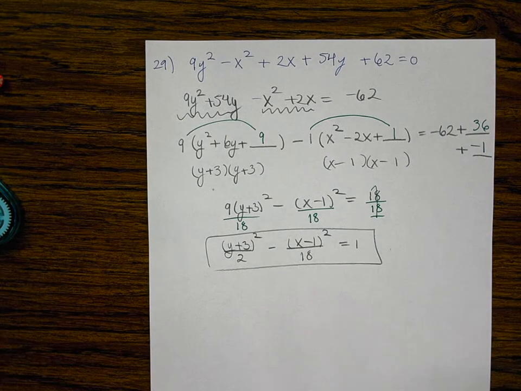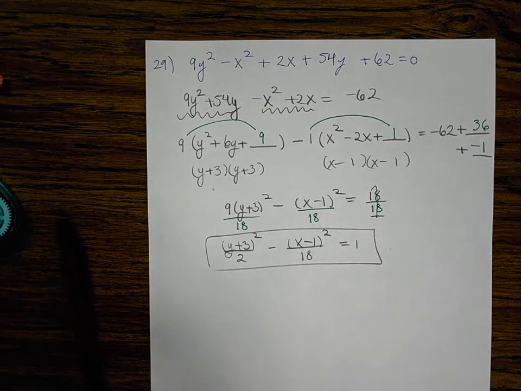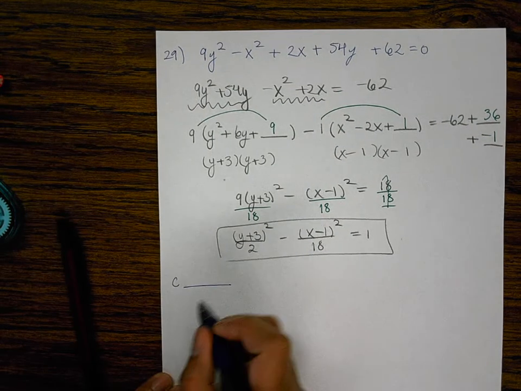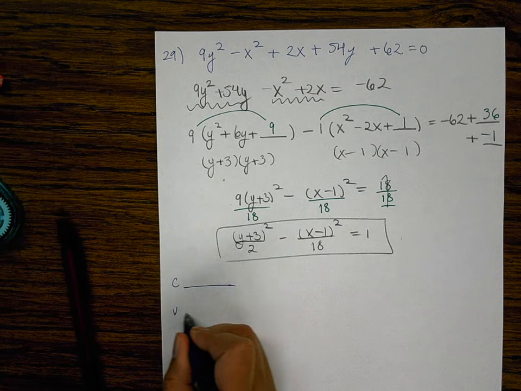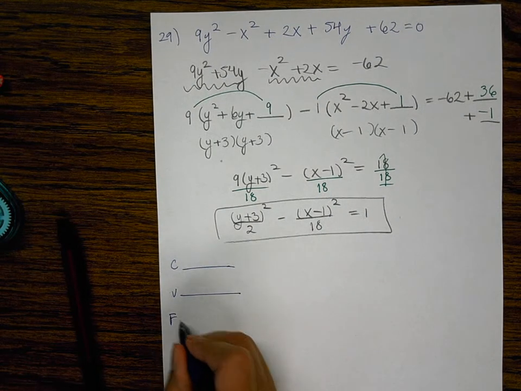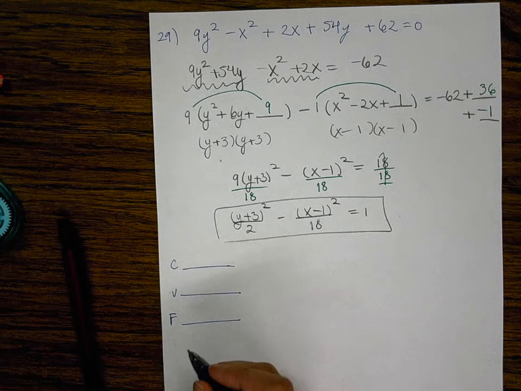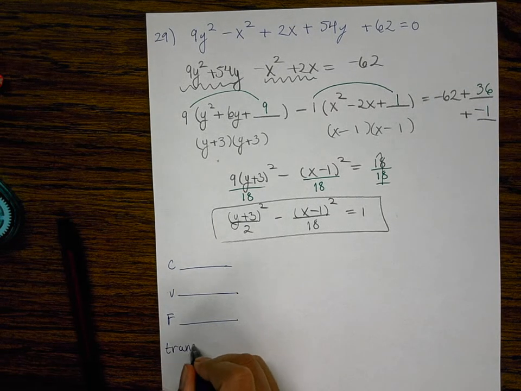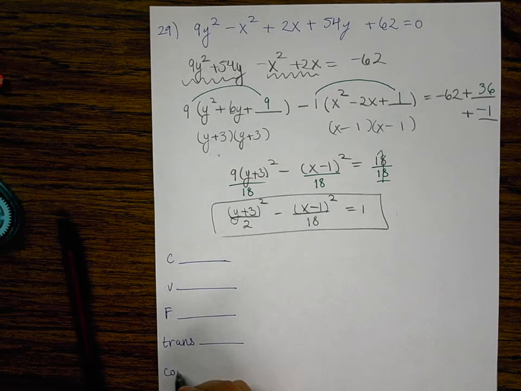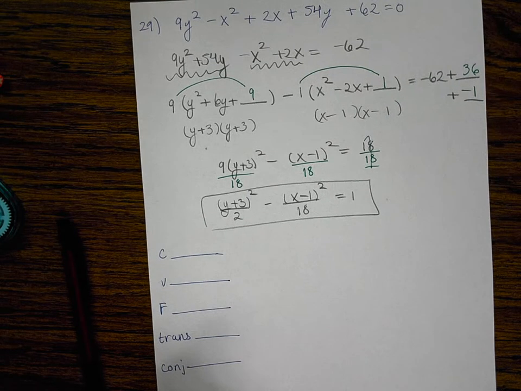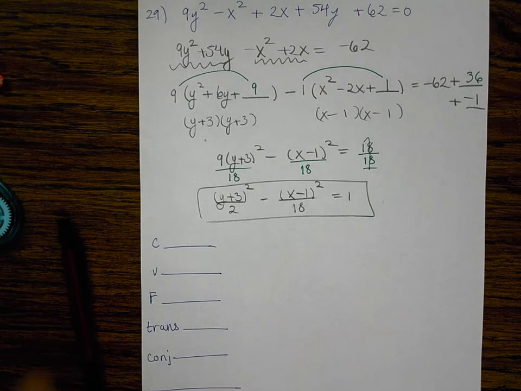Okay, this particular problem has more to it. It's asking us to find the center, the vertices, the foci. It doesn't ask for the transverse or conjugate, but we're going to find it because it will ask for it on the test. Transverse, conjugate, and the equation of the asymptotes.